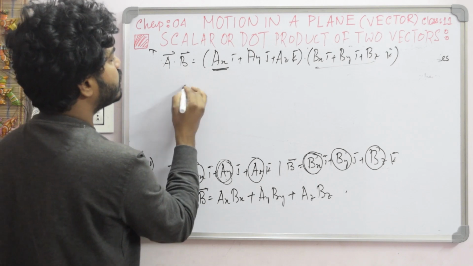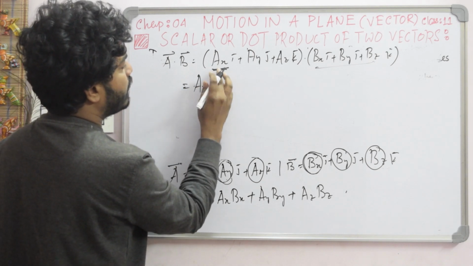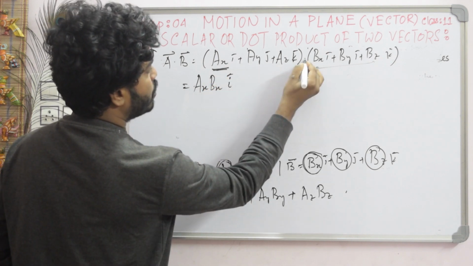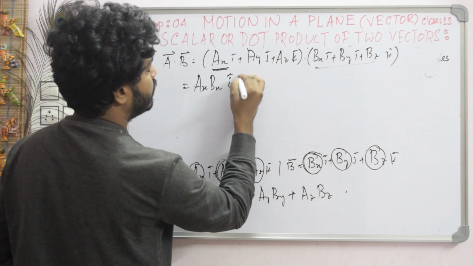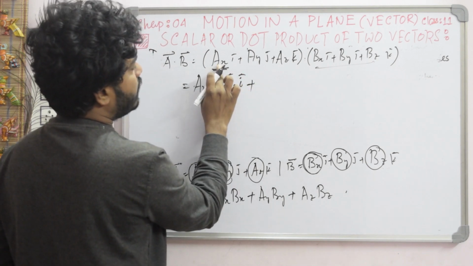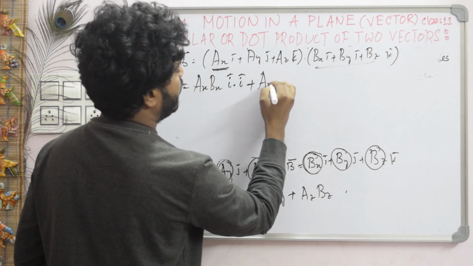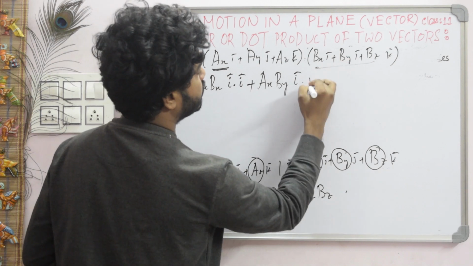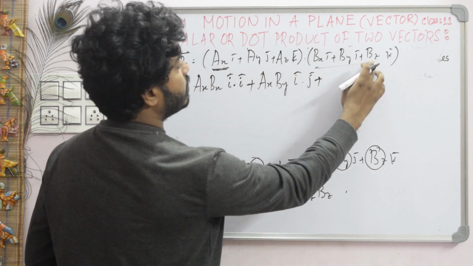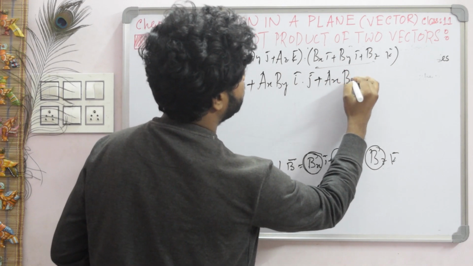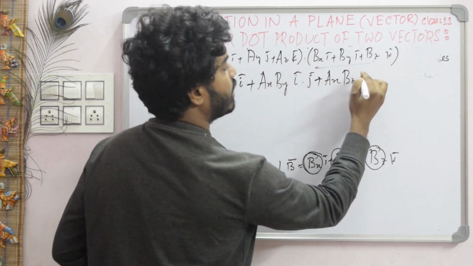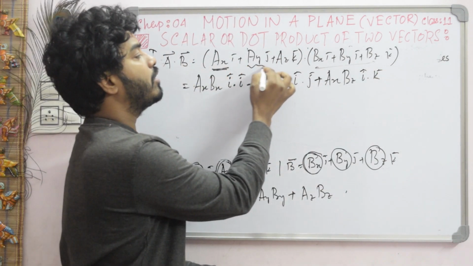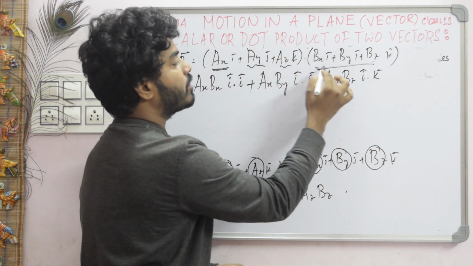So this one becomes, listen carefully, ax bx, i cap dot i cap, plus ax by, i cap dot j cap, plus ax bz, i cap dot k cap.